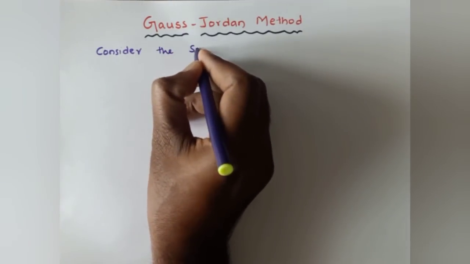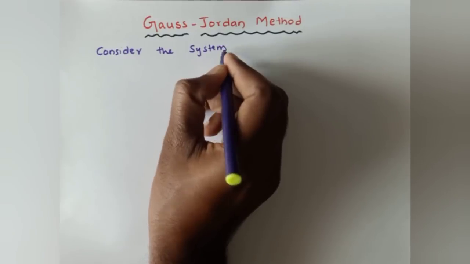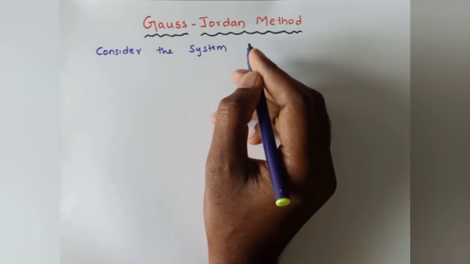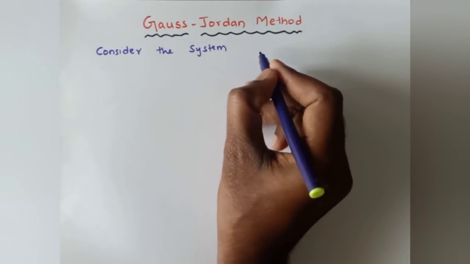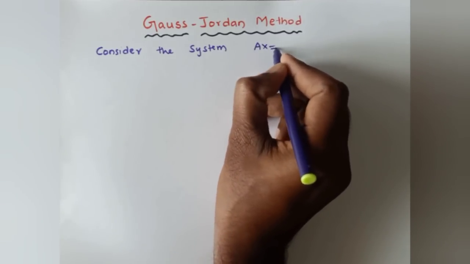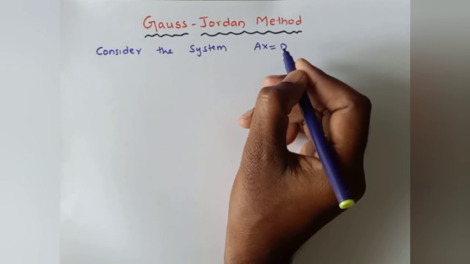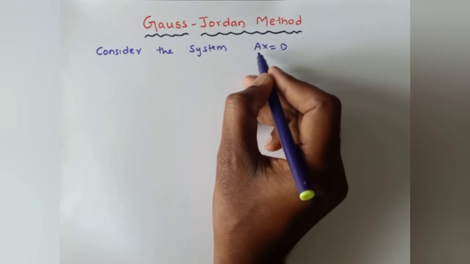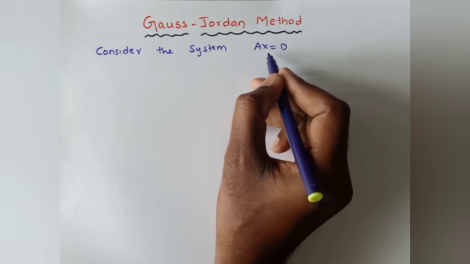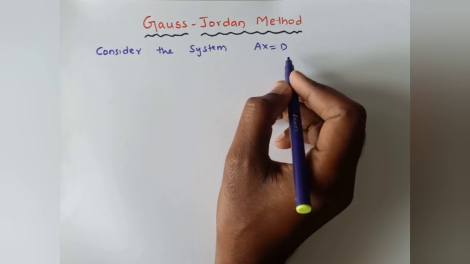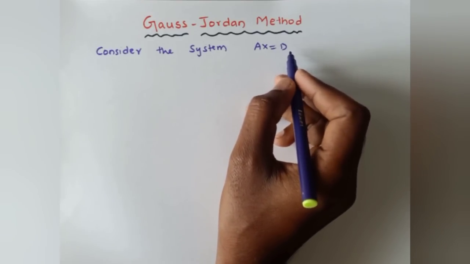Consider the system of simultaneous linear equations in the matrix form, or matrix equation, AX equals D. We know A is called the coefficient matrix, X is the variable matrix, and D is the constant matrix.